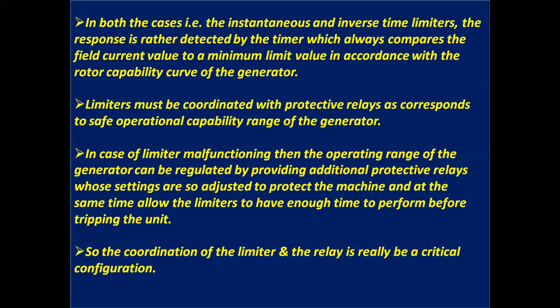In case of limiter malfunctioning, the operating range of the generator can be regulated by providing additional protective relays whose settings are so adjusted to protect the machine and at the same time allow the limiters enough time to perform before tripping the unit. So, the coordination of the limiter and the relay is a critical configuration.